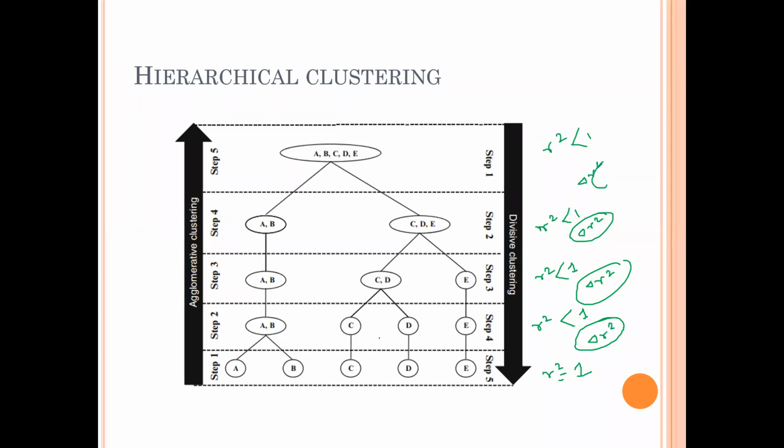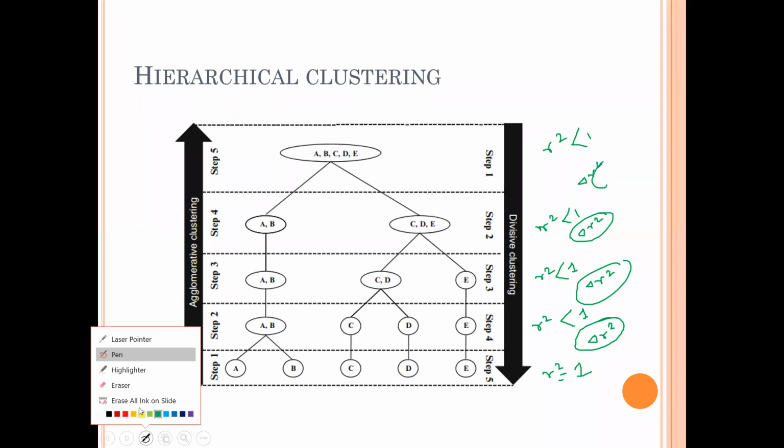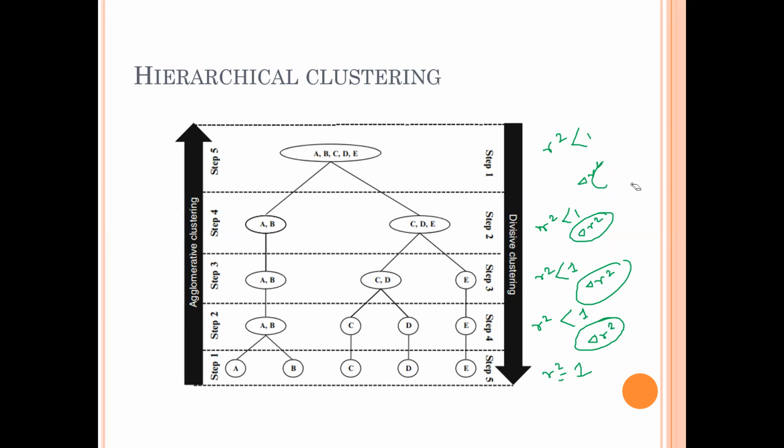So that is how Ward's method is still a hierarchical clustering method, but the way of calculating the distance is different. You don't calculate distance, you calculate this R square value, or the ESS value at least, and based on that you calculate the distances.